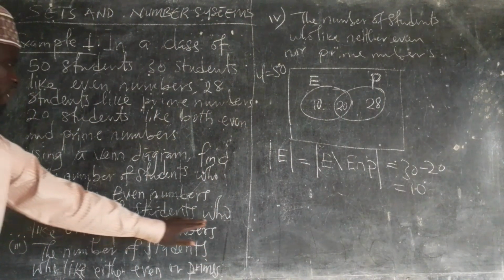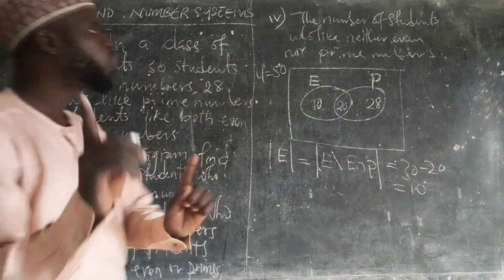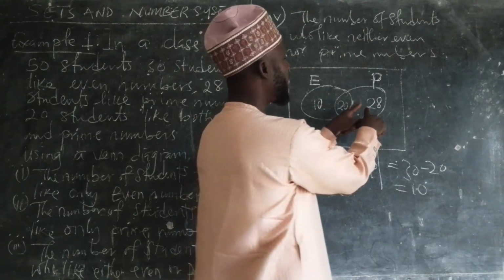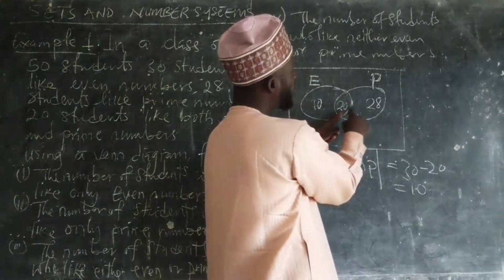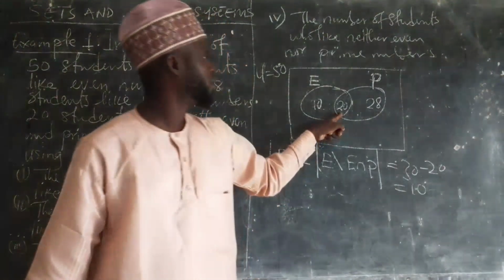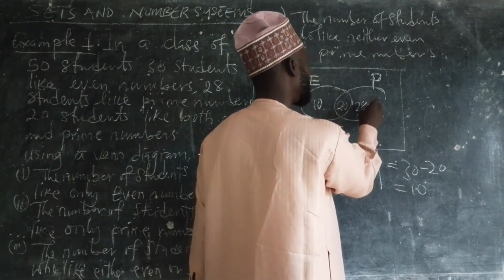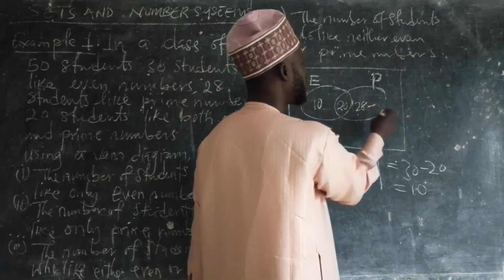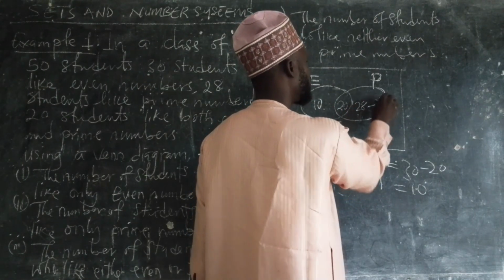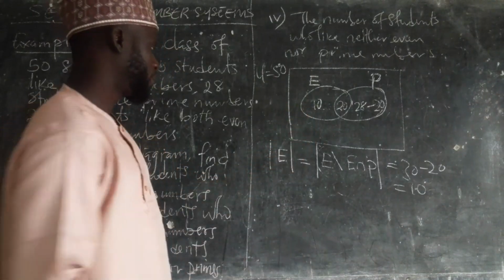Now the number of students who like only prime numbers. Remember here I have 28, but among these 28 are 20 who like even numbers too. So this will be 28 minus 20.